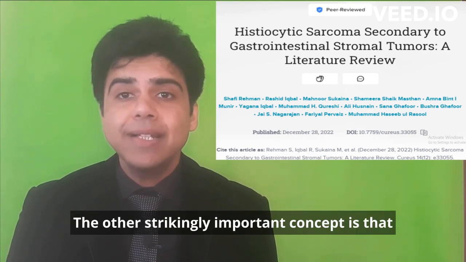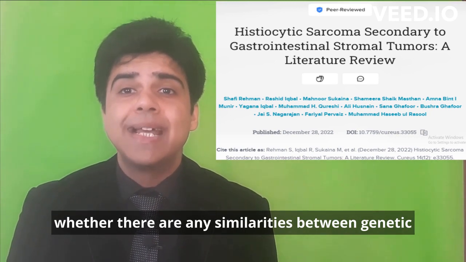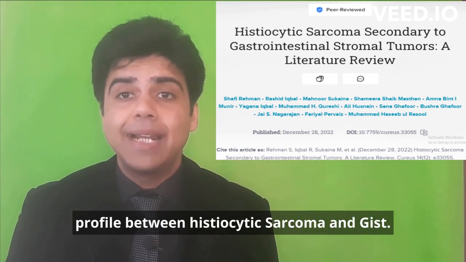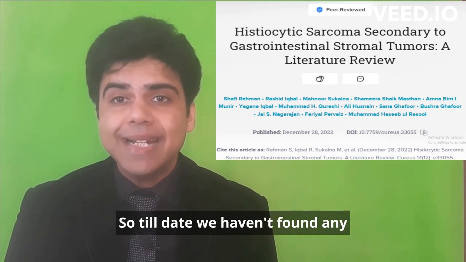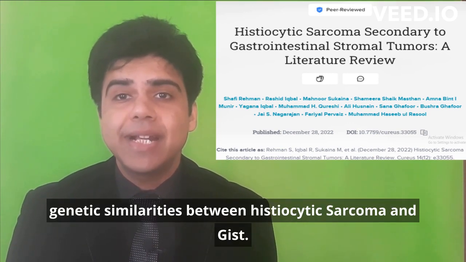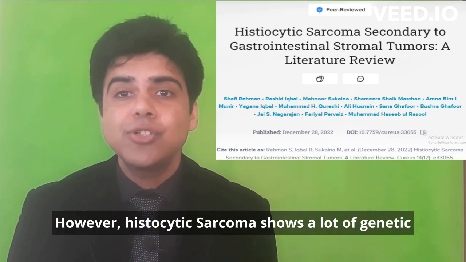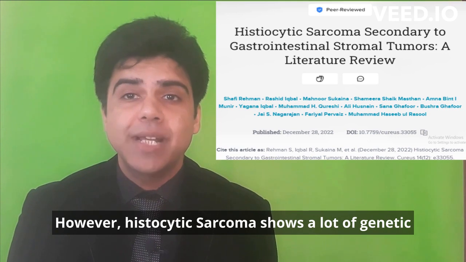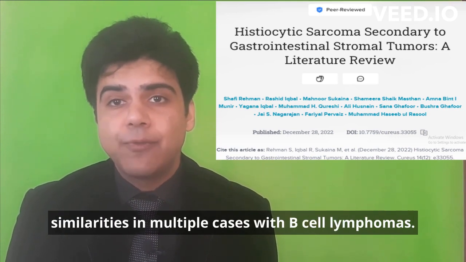The other strikingly important concept is whether there are any similarities between the genetic profiles of histiocytic sarcoma and GIST. Till date, we haven't found any genetic similarities between histiocytic sarcoma and GIST. However, histiocytic sarcoma shows a lot of genetic similarities in multiple cases with B-cell lymphomas.